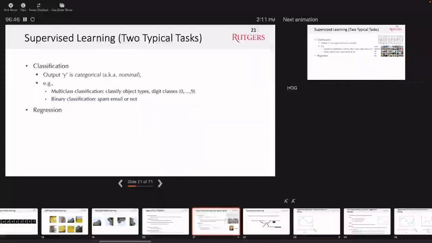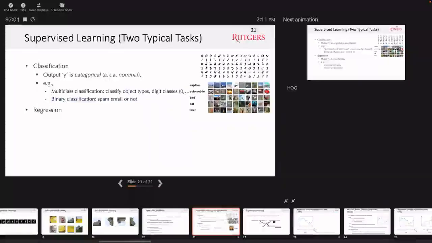For example, you can have multi-class classification, say classifying object types or digit classes. A typical example is here. You're given some digit images and you try to recognize which digit it is, or you're given some images and you try to classify whether it's a cat, a bird, or a deer.